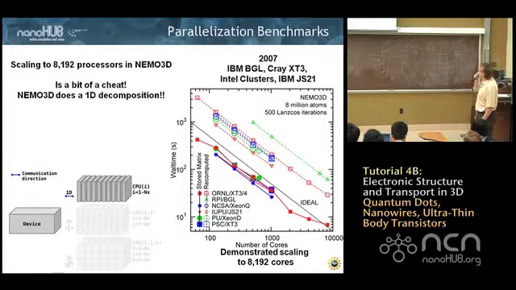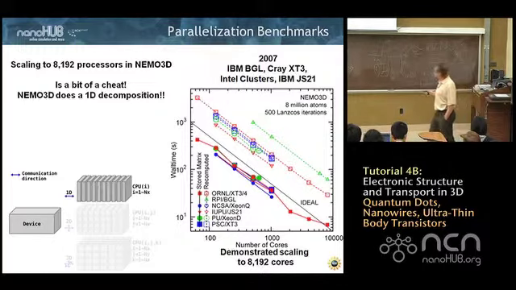All right. Recently, we've been restructuring this NEMO3D code, and 2 students of mine basically rewrote it completely, and instead of just slicing it in slices, they can now slice it in rods in 2 dimensions, or even in little cubes of 3 dimensions. They showed scaling up to 10,000 cores.